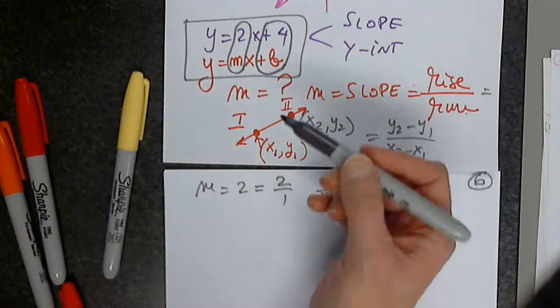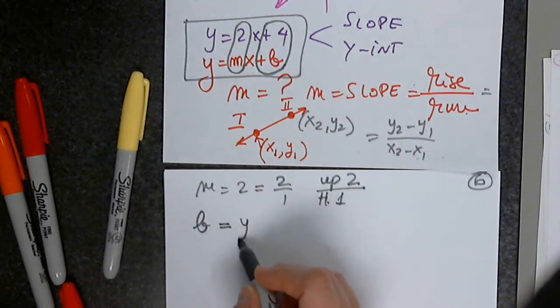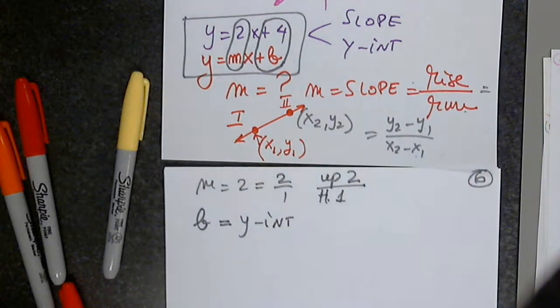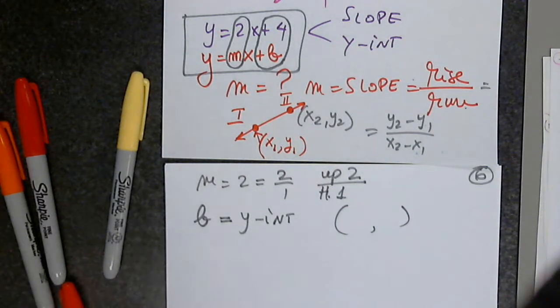Okay. Now what does this B represent? Yes, B is the y-intercept, always to be understood as an ordered pair. Always. What ordered pair? If it's a y-intercept, what do I know about which coordinate? I know for sure it has to have x is 0.